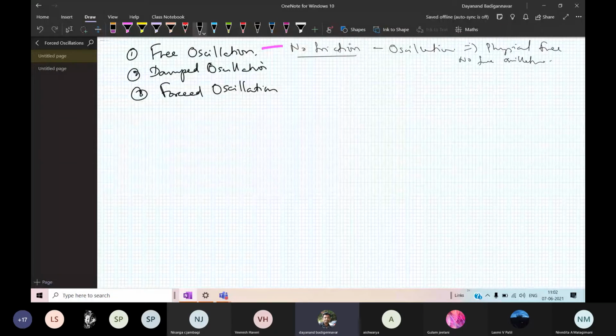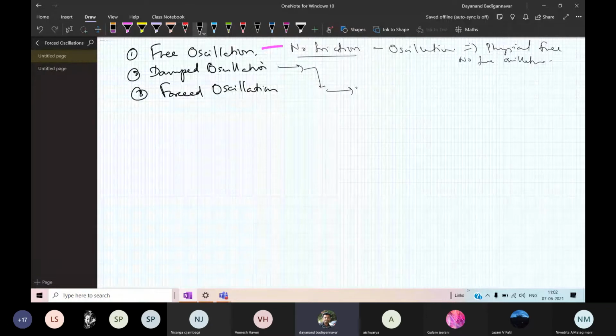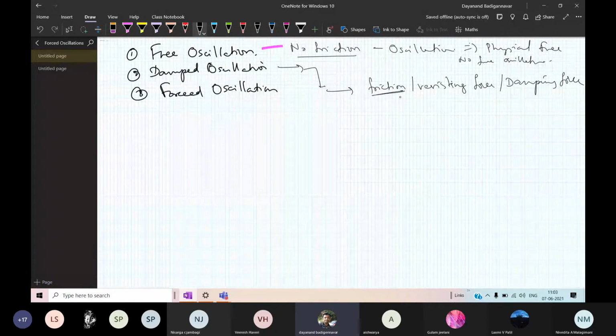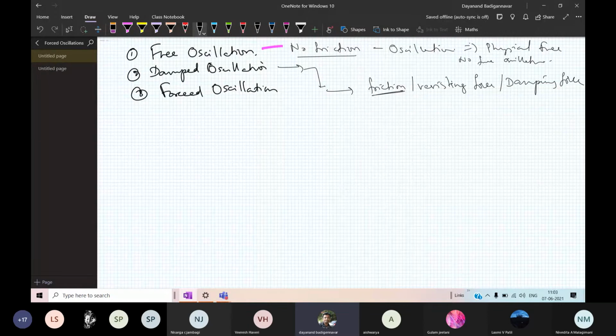But in damped oscillations, we have learned that there is some form of friction or resistance present, called the resisting force or the damping force. This damping force is responsible for the dying of the oscillations.